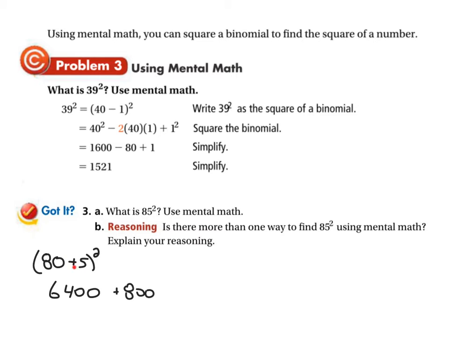And then, of course, you square this, and that's 25, okay? So adding these together, 64 plus 8 is 72, so 7,200, and plus 25 is 7,225. We did that sort of mentally. I wrote stuff down so that you could see it, but basically mentally.